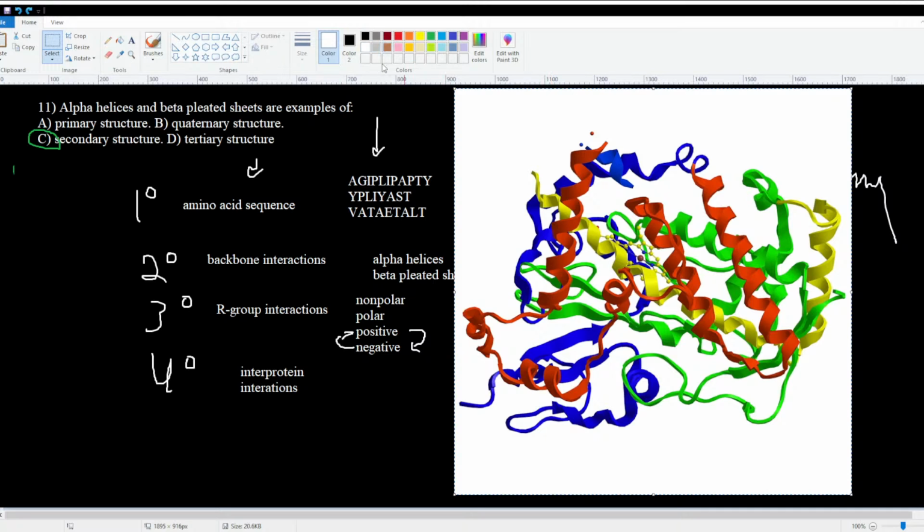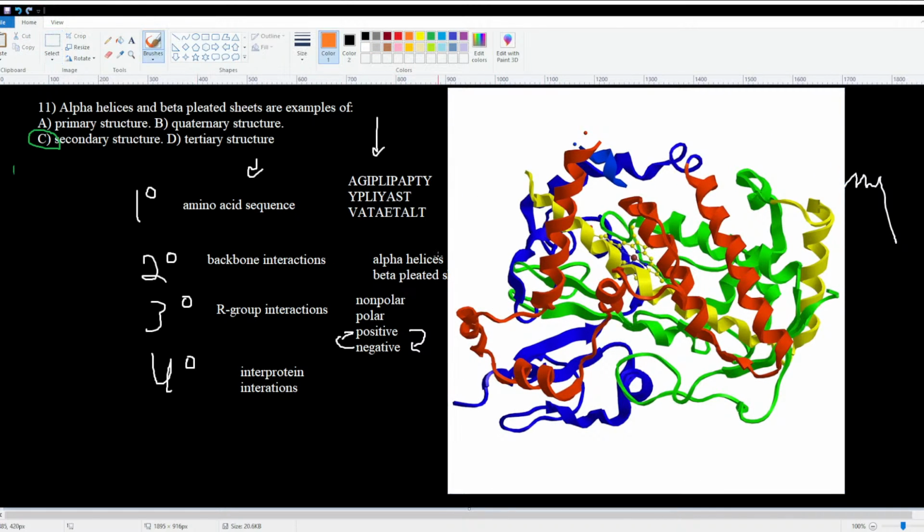What do we see here? So let's use orange. We see there's an alpha helix here. There's a beta sheet. No, wait, sorry. There's a beta sheet hiding within the green here. There's another beta sheet here, and these are all interacting with each other, like here, for example, they're interacting.